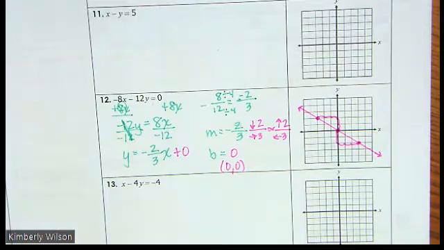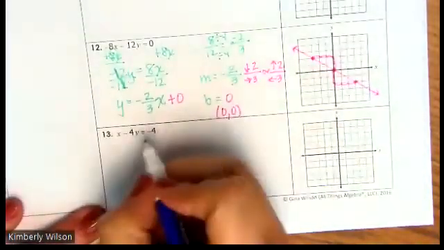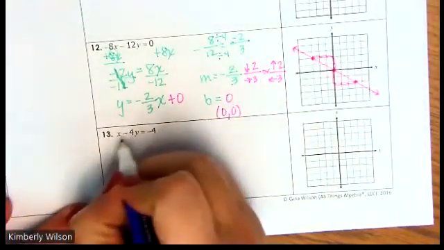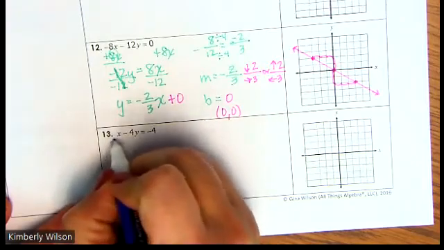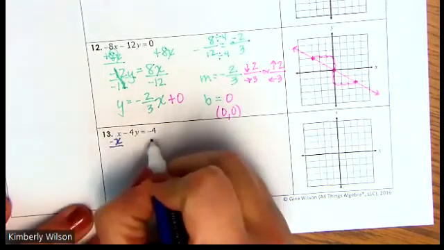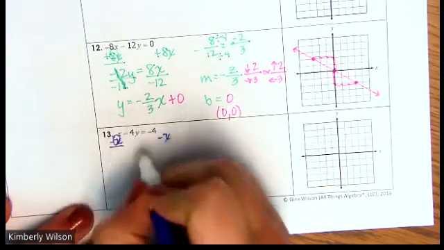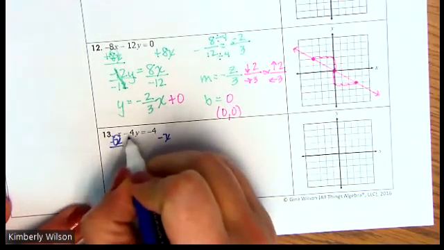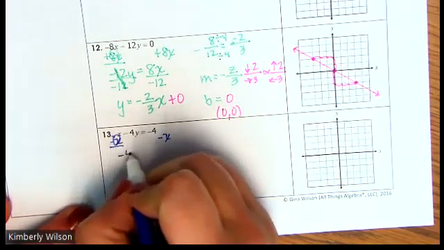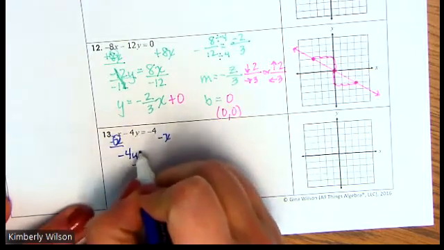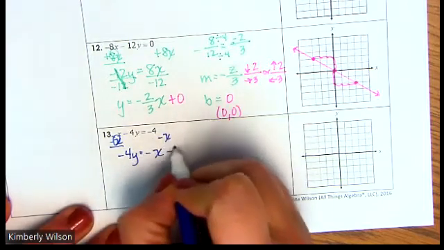All right, last example, number 13. Okay, so I've got to get y by itself. So I subtract x because that's a positive x. So I subtract x, this zeroes out. Don't forget to bring down that negative. That's a big mistake that has commonly happened. It's a negative 4y equals negative x minus 4.